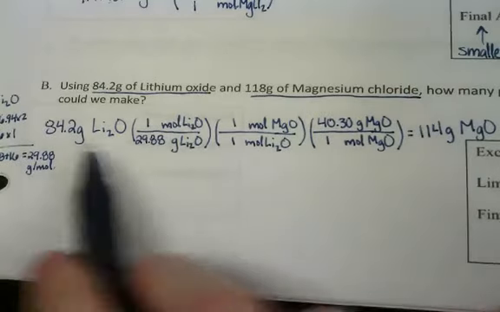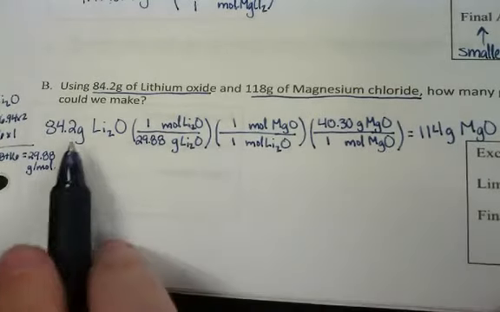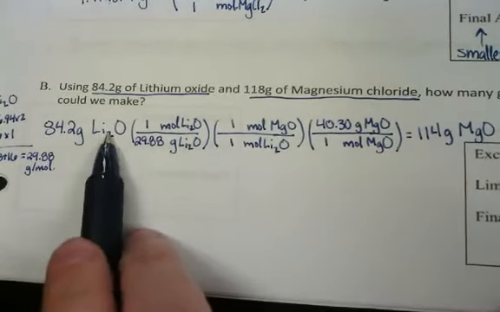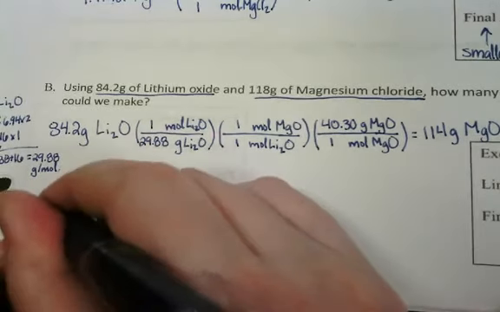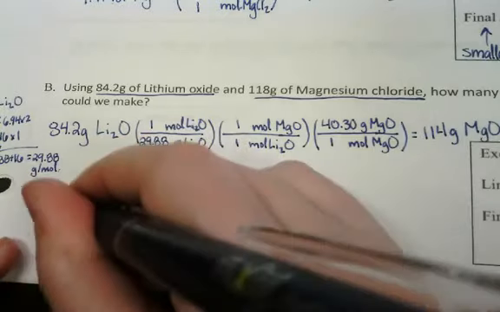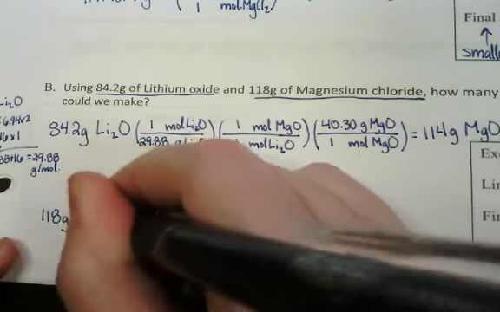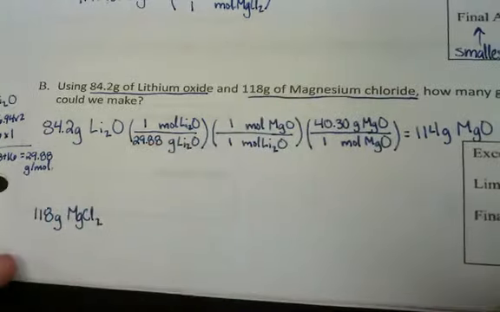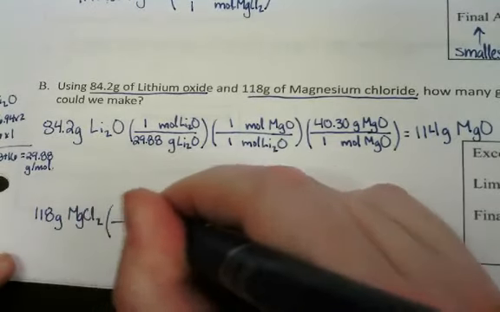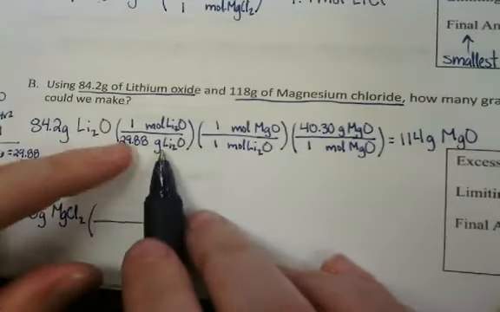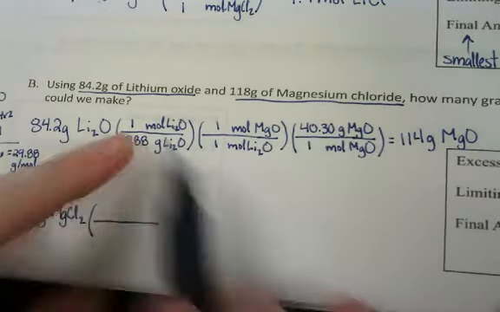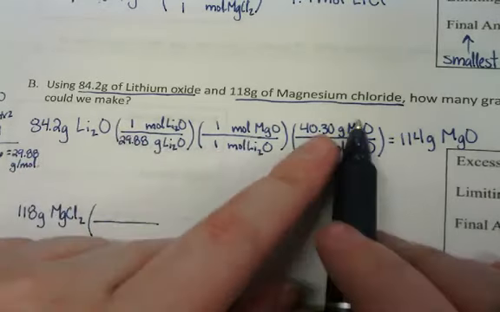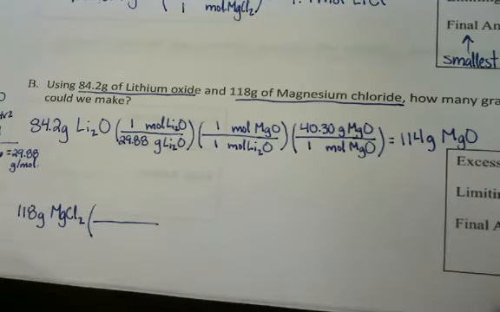So now we're going to have to do this whole thing again, but instead of doing lithium oxide, we're doing magnesium chloride. So I'm going to start with 118 grams magnesium chloride. If you notice, this is just a gram to gram problem. So we're going to do molar mass, mole ratio, molar mass. Same setup that we did last class.